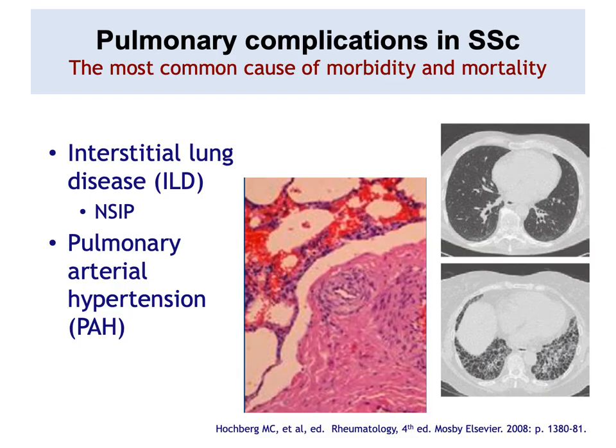Pulmonary complications in scleroderma are the most common cause of morbidity and mortality. Among the two most common is interstitial lung disease, particularly nonspecific interstitial pneumonia, that is frequently associated with diffuse scleroderma, and pulmonary arterial hypertension frequently occurs in limited cutaneous scleroderma.